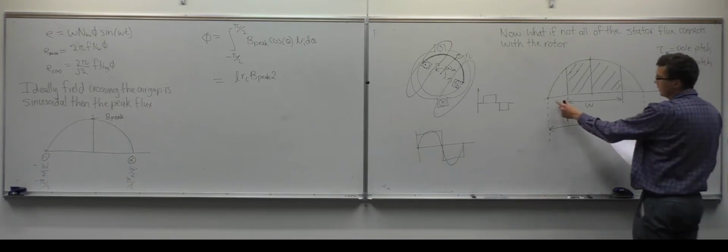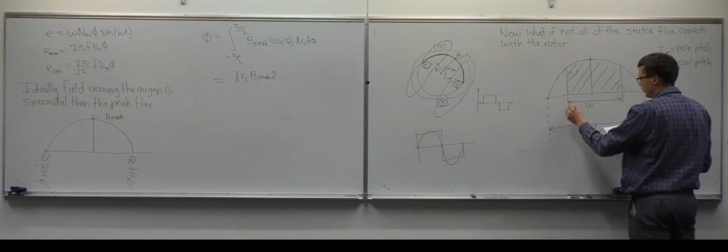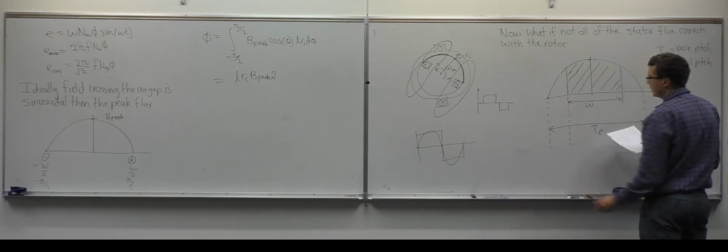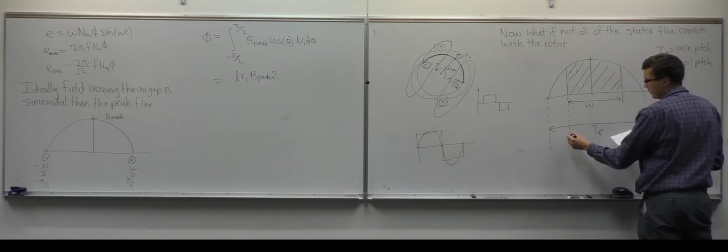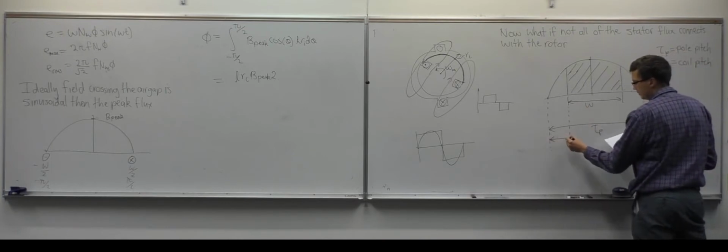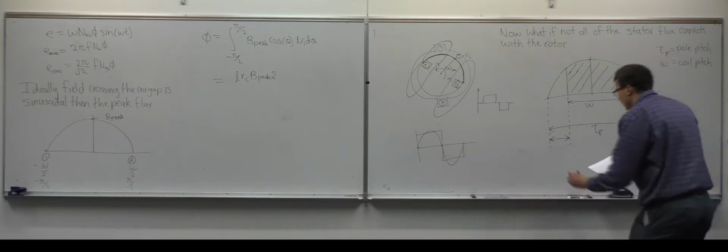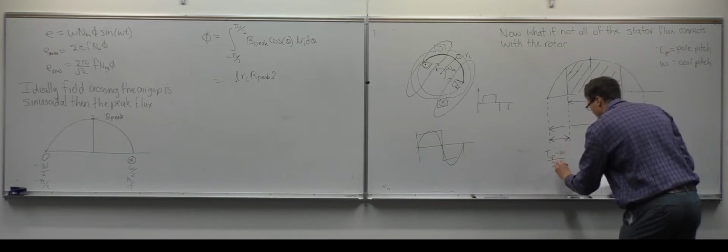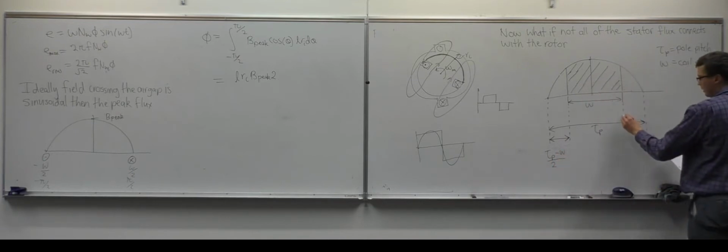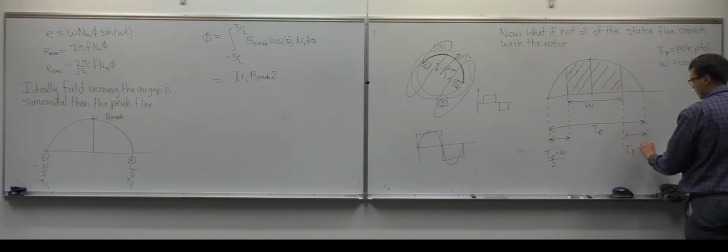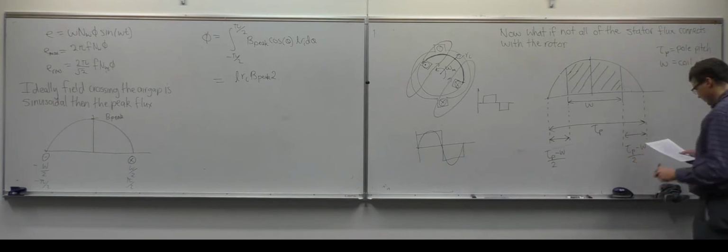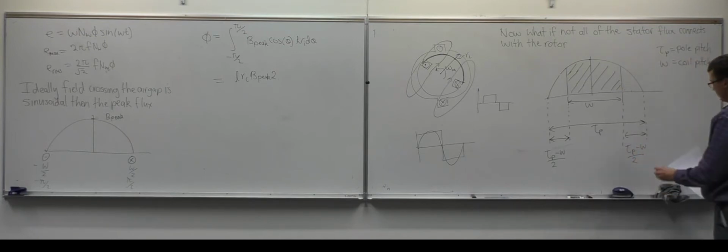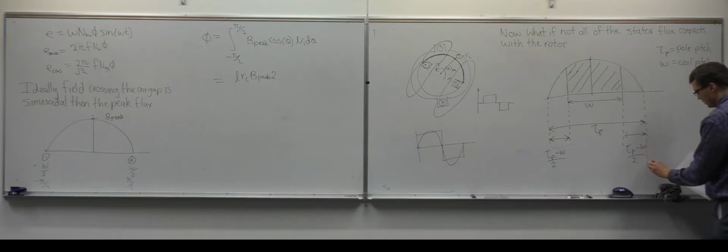So looking at this, you should be able to see that the distance from here to here must be TP minus W divided by 2. And similarly over here, it's got to be TP minus W divided by 2. And this end part here is TP over 2.